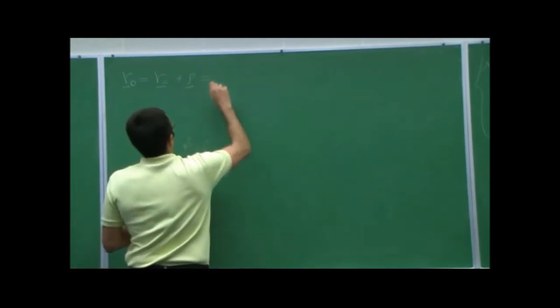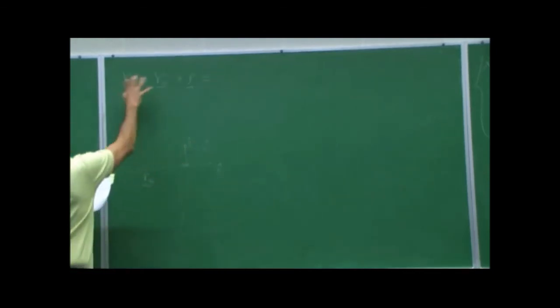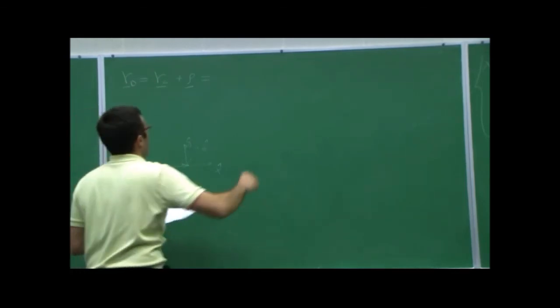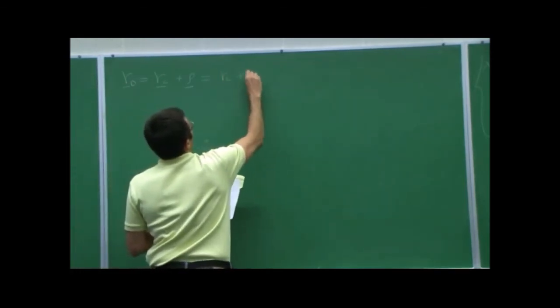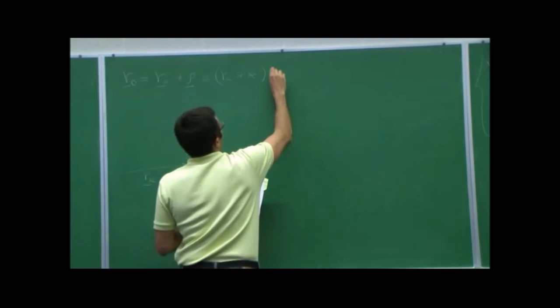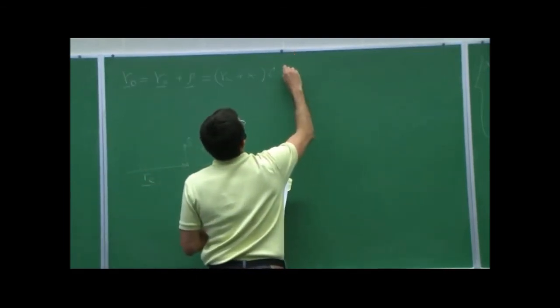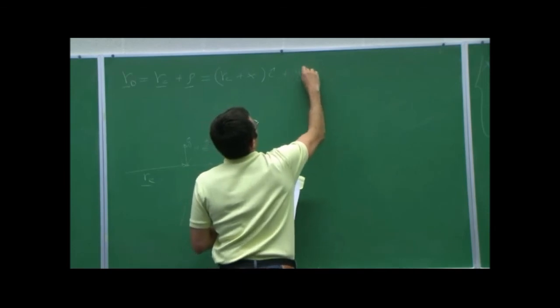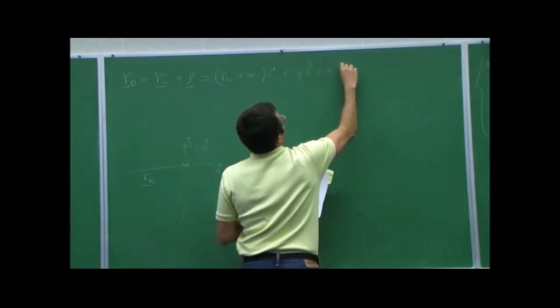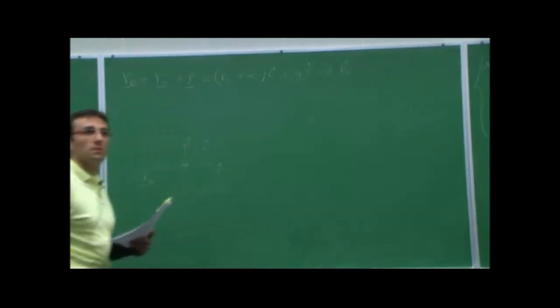If I project all these vectors into this basis, I get RC plus x in the x hat direction, plus y j plus z k. Does it make sense? This is me expressing the deputy's position vector with respect to the center of the planet in LVLH. I'm just projecting it in that basis.